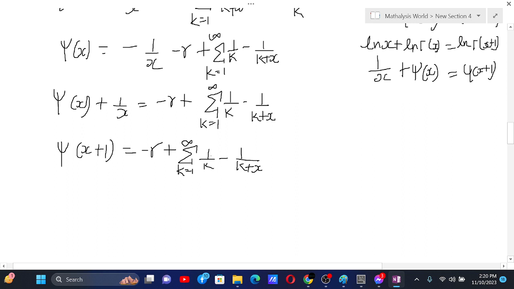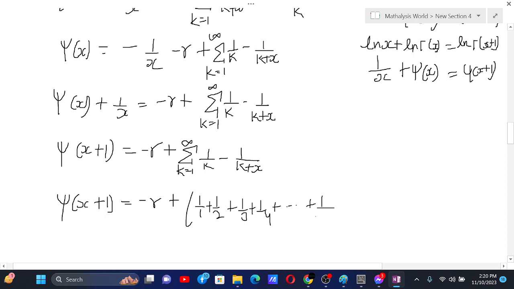Now this sum is an interesting one. Let us just observe how it opens up. Digamma of x plus 1 is just the negative of the Euler-Mascheroni constant plus, for this one we have 1 by 1 plus 1 by 2 plus 1 by 3 plus 1 by 4, and so on.